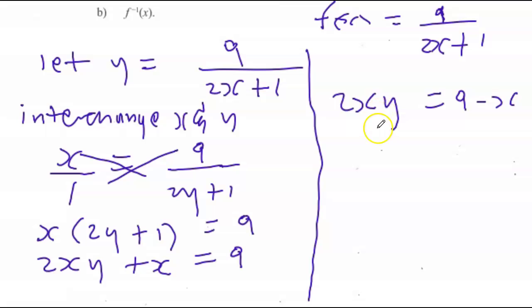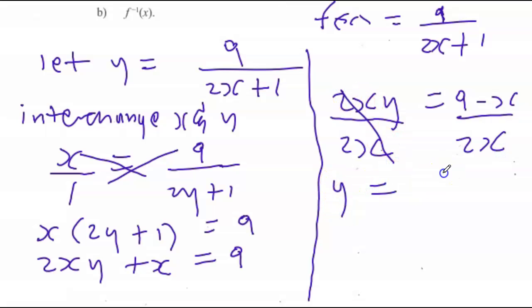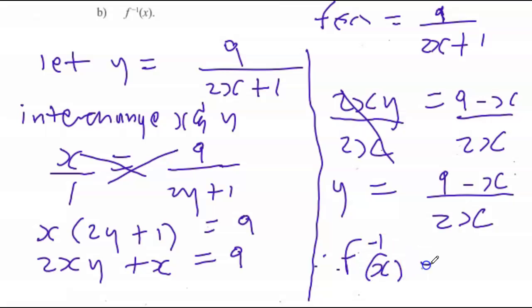Remember, you're transposing for y, so divide both sides by 2x. So y is 9 minus x over 2x, and of course whatever you have for y, that is your inverse function. So f inverse x is 9 minus x over 2x.